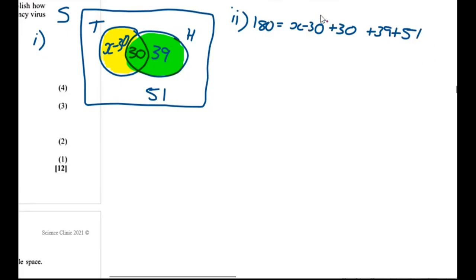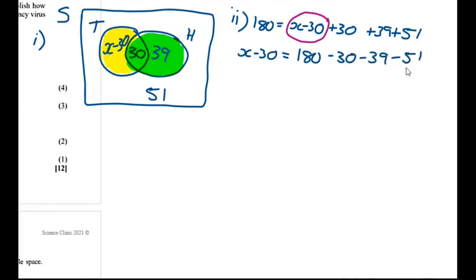You could have also said, well, this is what I'm trying to figure out. You're not really trying to figure out X. You want to know what X minus 30 is. So you could have said that X minus 30 is going to be equal to 180 minus 30, minus 39 and minus 51.